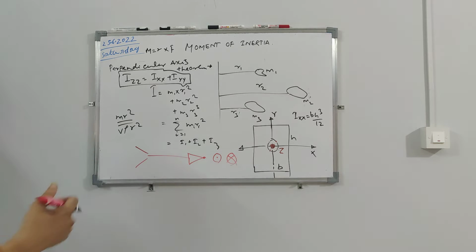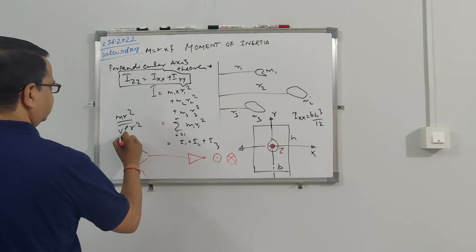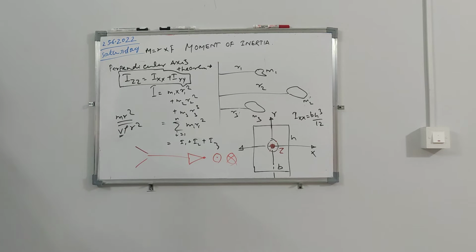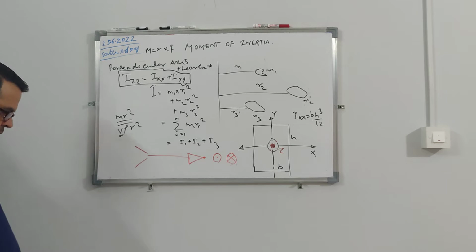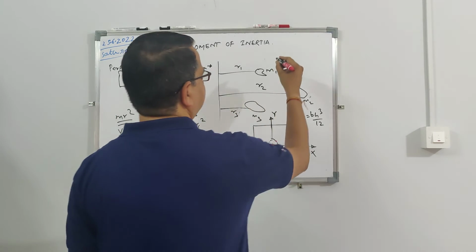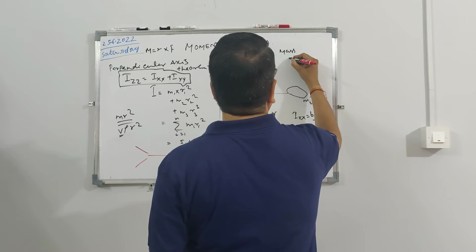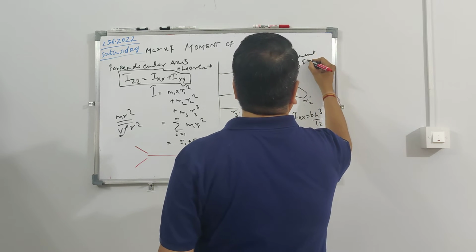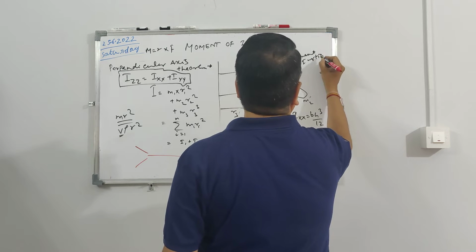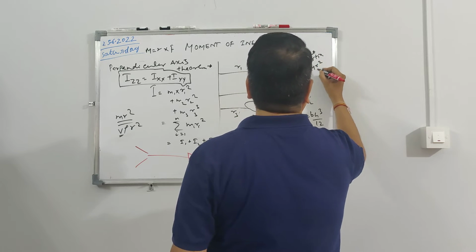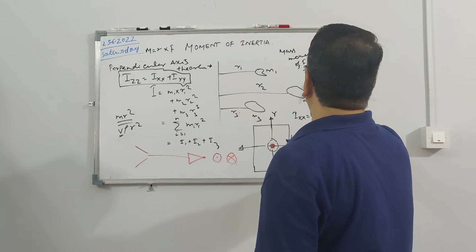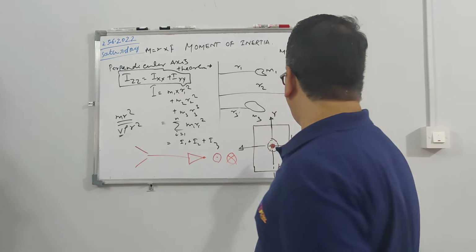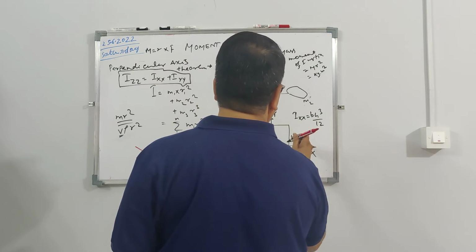When you come to an area, that thickness term you ignore. For mass, you consider the thickness. So there are two things actually. One is called mass moment of inertia, which is equal to mr square, whose unit is kg meter square. What you are doing here is called area moment of inertia.